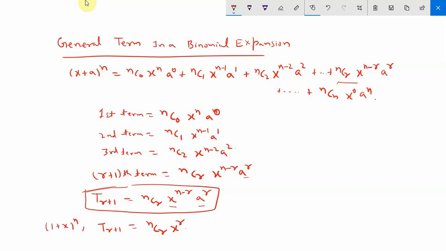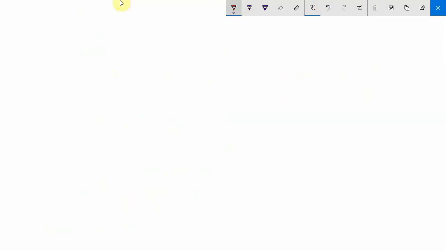So in this way we can calculate any term in a given binomial expansion. Okay, so we will solve some problems based on the nth general term of a binomial expansion.